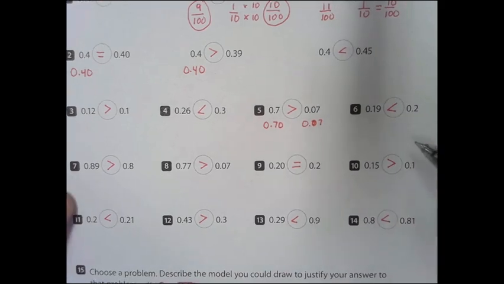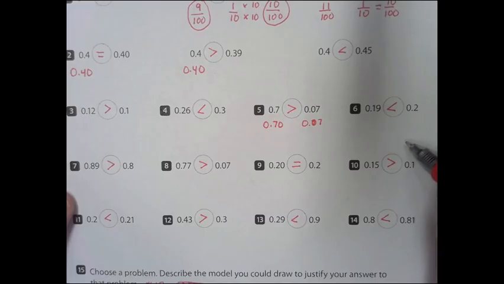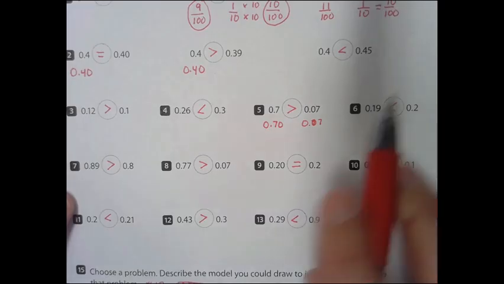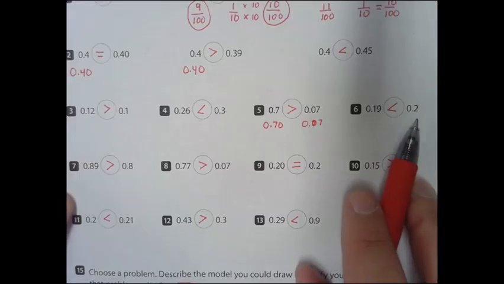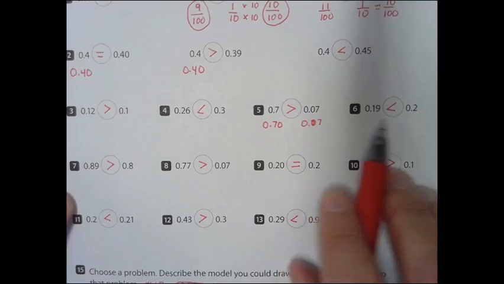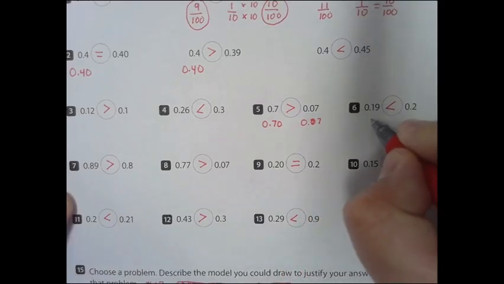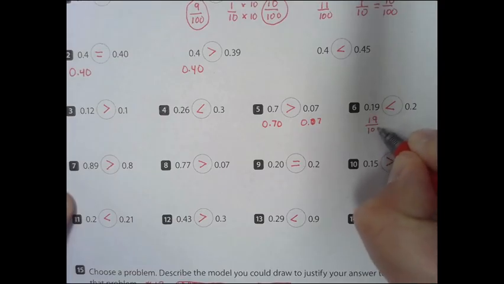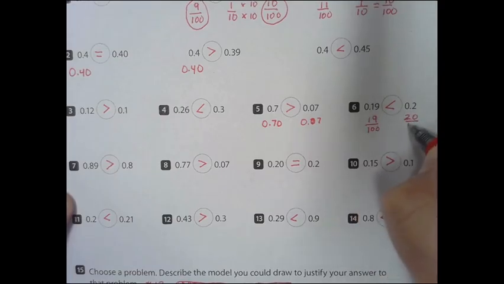And this also can be tricky, a type of problem like this, if you're a kid that kind of looks at things quickly and goes, okay, 19 and 2, right? Well, yeah, 19, if we didn't have it as a decimal, would be greater than 2, but in this case, again, it would be 19/100ths and then 20/100ths, right?